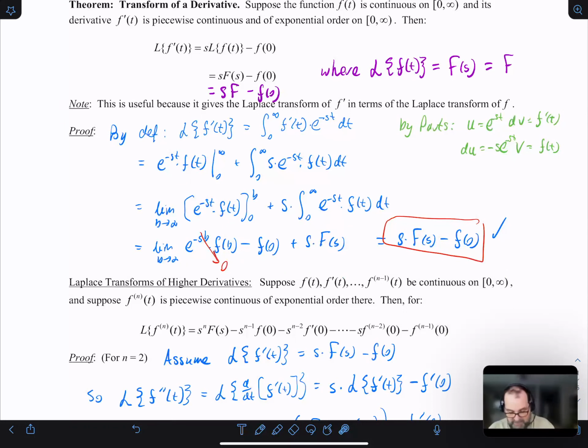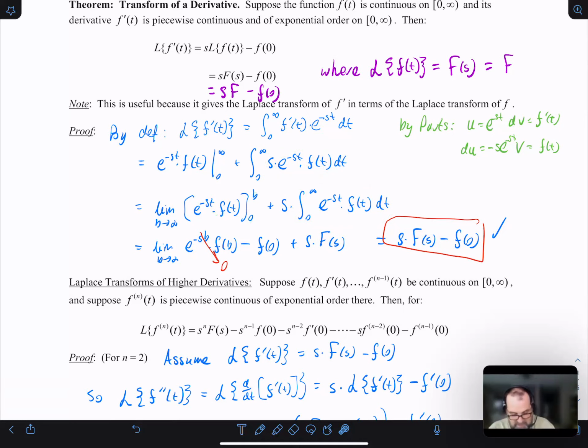So if we look at this integral here, it is an integral with respect to t, so s can come outside. s is a constant with respect to this integral, so I can bring the s outside. And then what I have here is just the definition of the Laplace transform of f. So we can put b in here, put 0 in here.